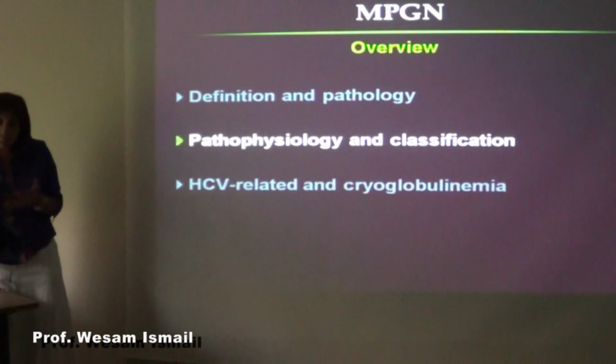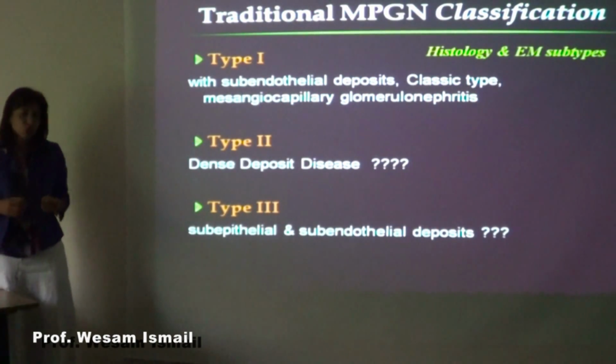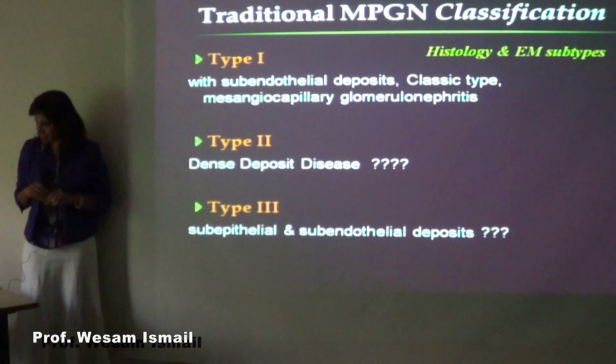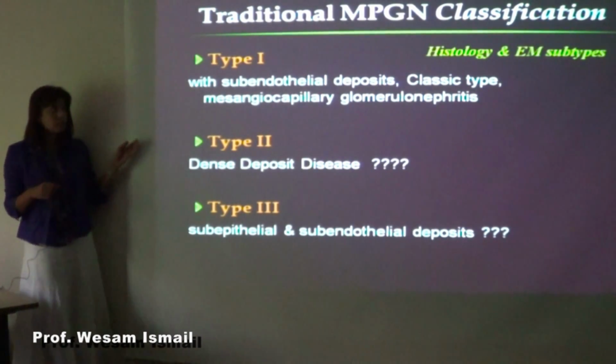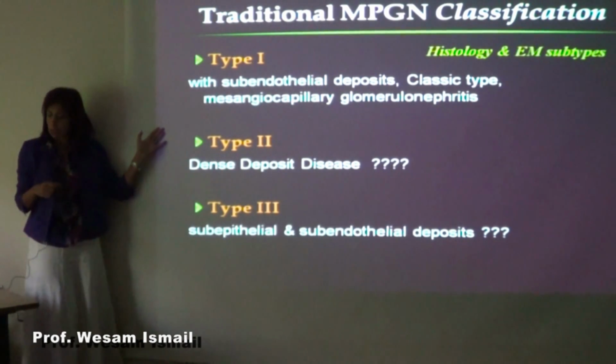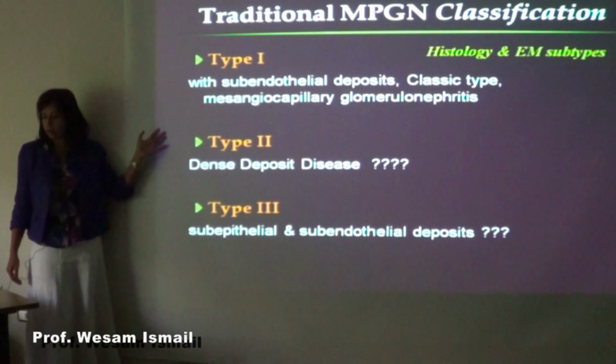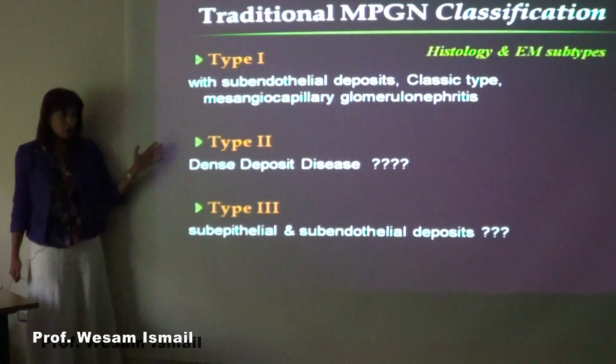So this is the classic pathology of what we call membranoproliferative glomerulonephritis. What about the classification? The traditional classification classified MPGN into type 1, which has subendothelial deposits, the classic type, what we call mesangial capillary glomerulonephritis.